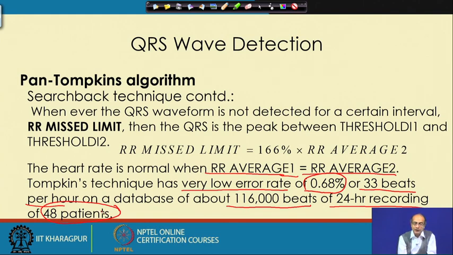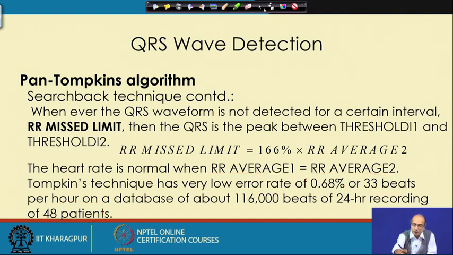So, with a very exhaustive database of 48 patients, and by collecting their 24 hours recording, that means throughout the day whatever the changes have occurred, they could actually get a very good estimate, only 0.68% of the R beats are missed in this case.